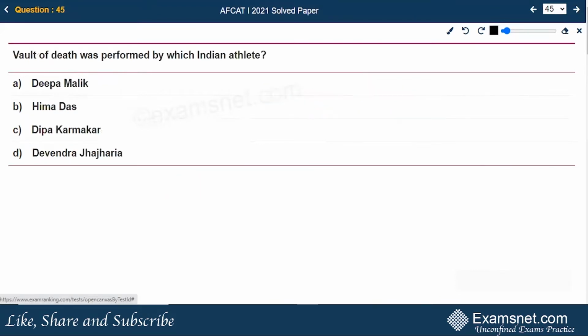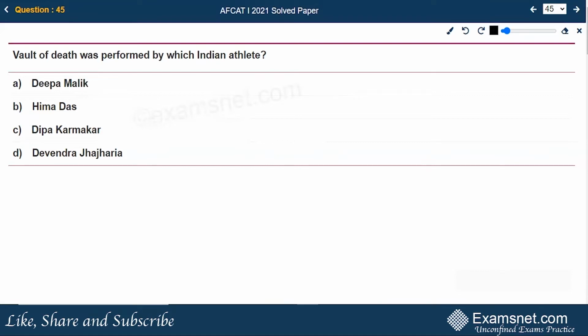Next is question number 45. Vault of Death was performed by which Indian athlete? Was it Deepa Malik? Was it Hima Das? Deepa Karmakar? Devendra Jhajharia?